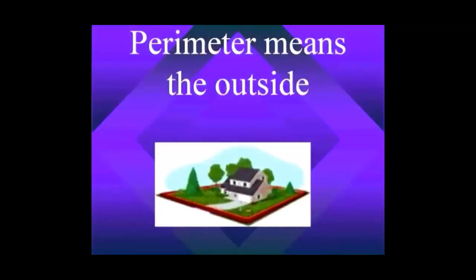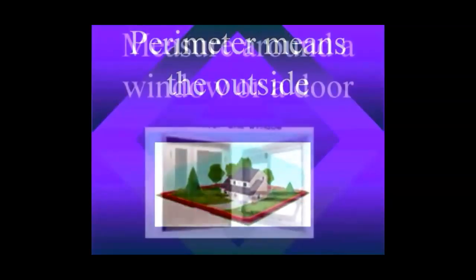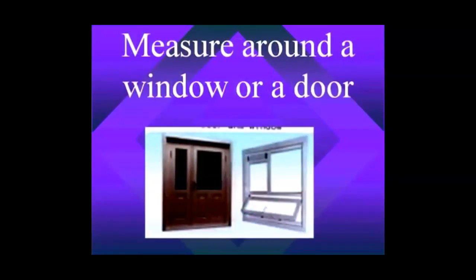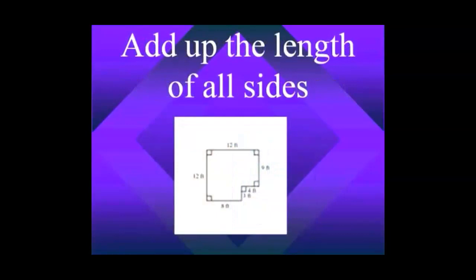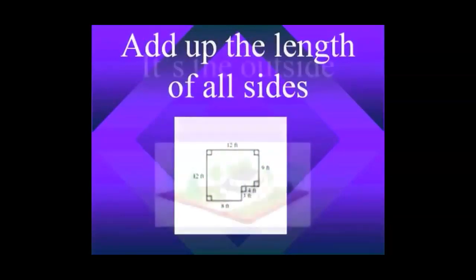Perimeter means the outside. Measure around a window or a door. Add up the length of all sides.